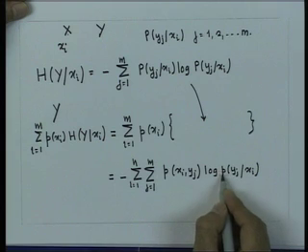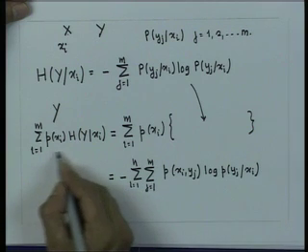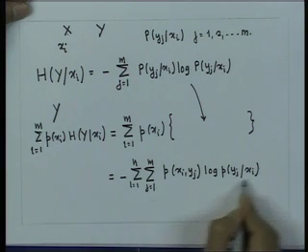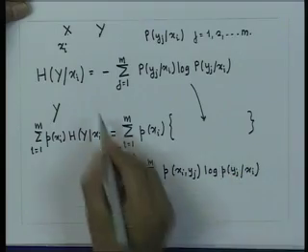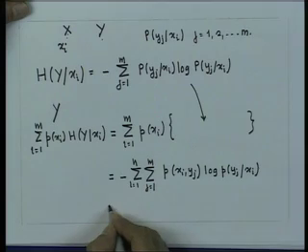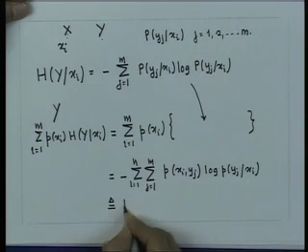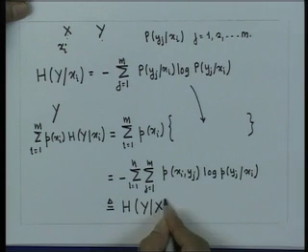I have changed my notation from capital P to small p, they are same. So, this is the amount of average information of y given foreknowledge of x, and this by definition I will call H of y given x.